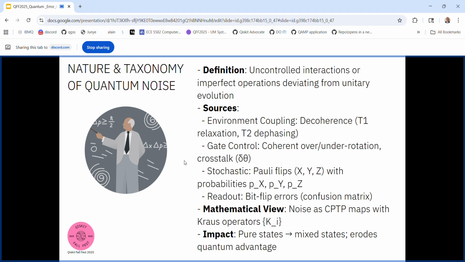Another aspect is coherent errors from gate control. I've mentioned I'm not a quantum physicist. I don't work on the hardware side, but we are doing these rotations to these particles, or in our superconducting chip, with typically some type of photoelectric, microwave pulses, laser pulses of different kinds. And we're trying to do exact rotations.